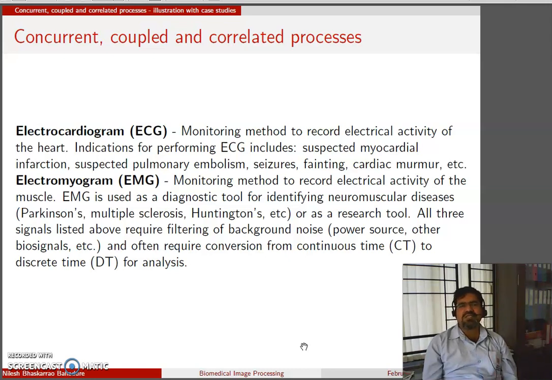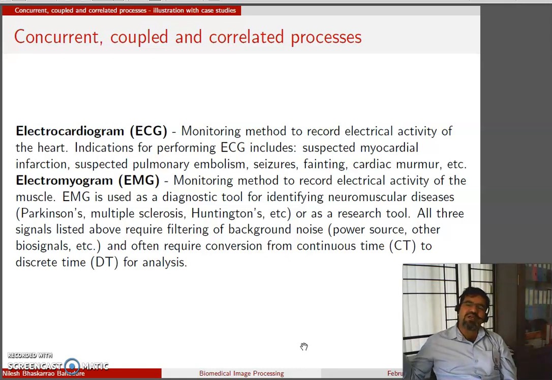All three signals listed above require filtering of background noise. That means sometimes when you are capturing the signal, that signal may be affected by the source or any other abnormalities, so those abnormalities should be removed. Clear? So some sort of filtering is always required, and they often require conversion from continuous time to discrete time for analysis.